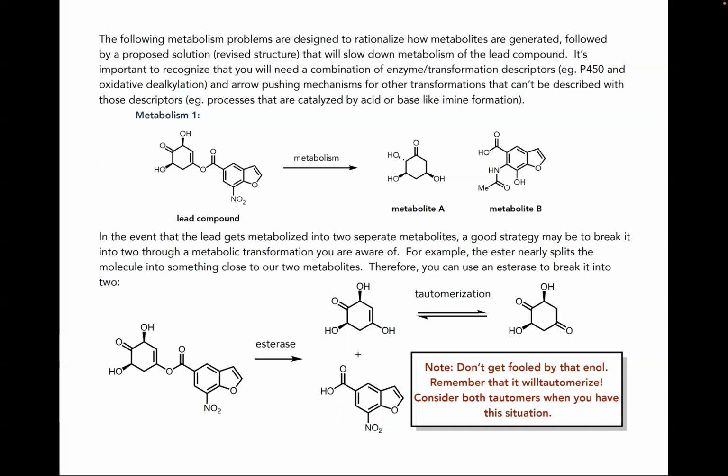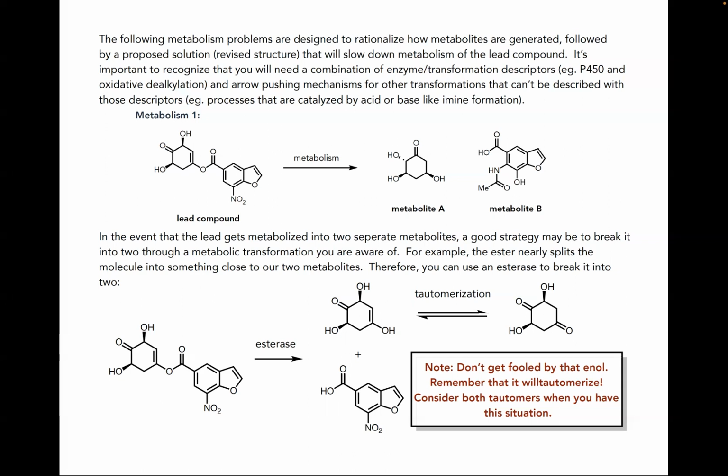And you'll do that through a combination of your descriptors and enzymes. So for example, the P450 doing oxidative dealkylation would be a good example, of either oxygens or nitrogens. Or you may be faced with a situation where something can happen spontaneously, such as when you have a free amine in the presence of a ketone, that can form an imine.